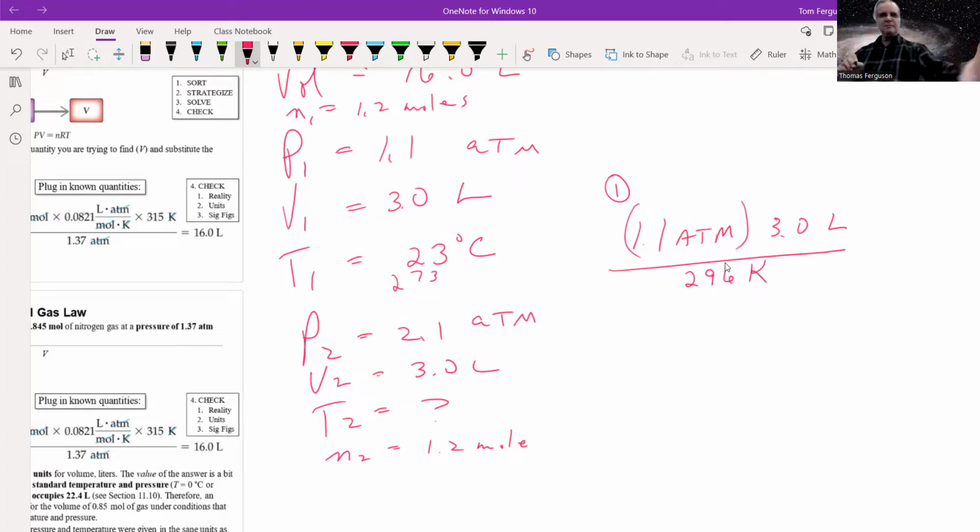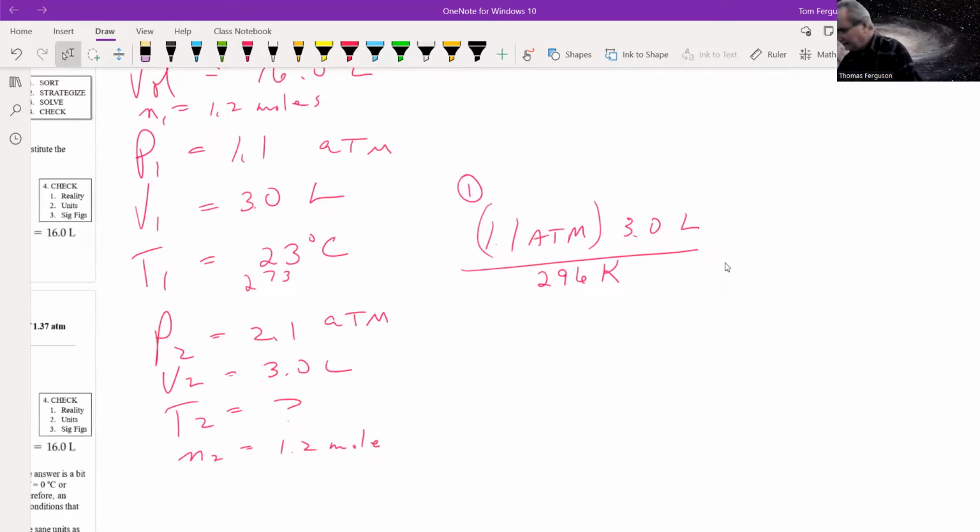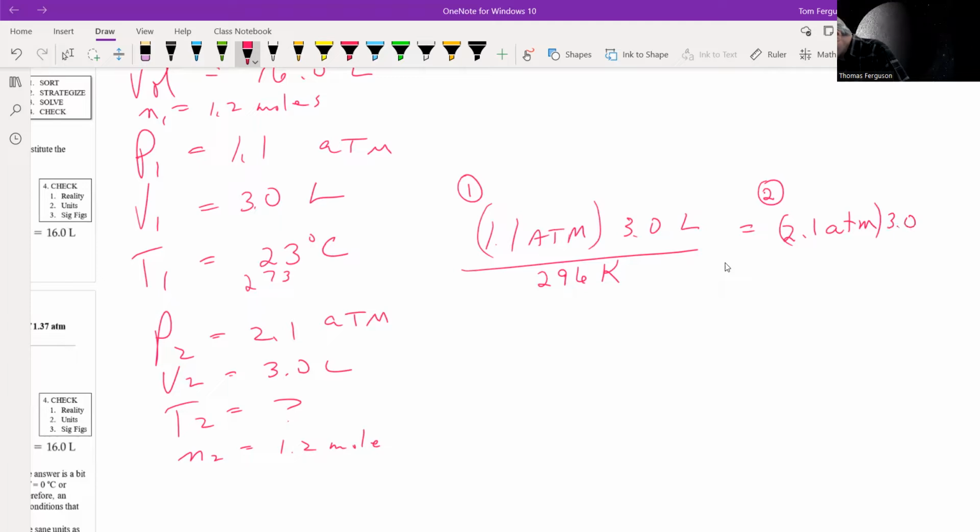Okay, so that's condition number 1. Number 2 is the pressure went up to 2.1. Volume stayed the same. And we don't know what the new temperature is.